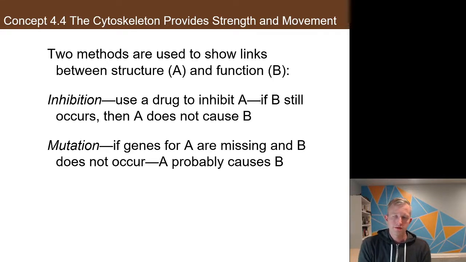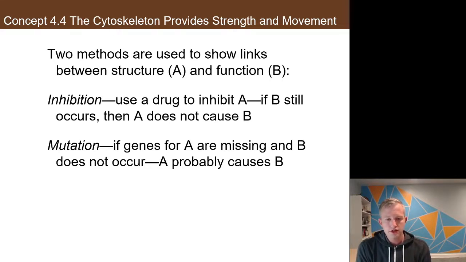And then if inhibiting it stops the function, then you have a pretty good support that protein was in fact, or that structure was in fact responsible for that function. Or maybe you inhibit the structure and the function still happens. Okay, good learning opportunity to say, oh, well, we made an assumption about this thing's function and we were wrong.